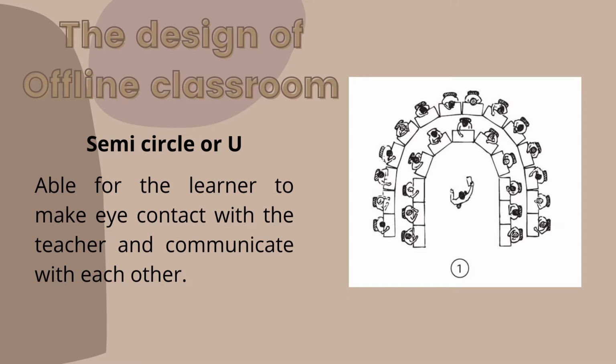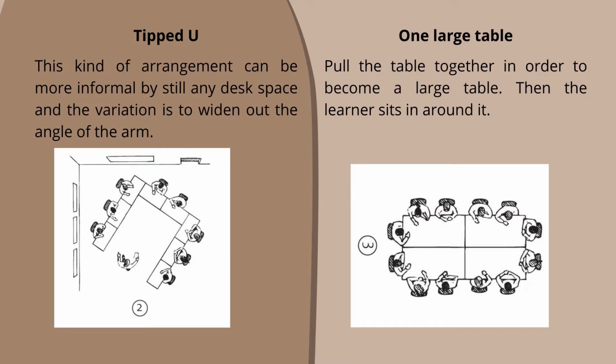First is semicircle U. This kind of classroom is created to enable learners to make eye contact with the teacher and also communicate with each other. The second type is type U. This kind of arrangement can be more informal, but still has desk space, and the variation is the widening of the angle of the arm.